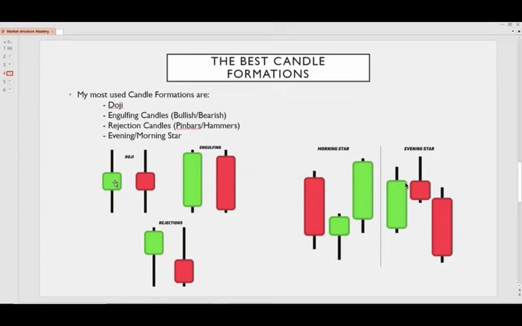When you see something like this at your resistance zone, you should know that the market wants to sell. This is called a pin bar, although it has a different name. Morning star is a different thing. I will explain that too. When something like this happens at your resistance zone or supply or a trend line that is going down, you should know that the market wants to come down.